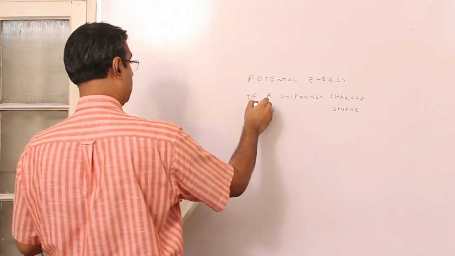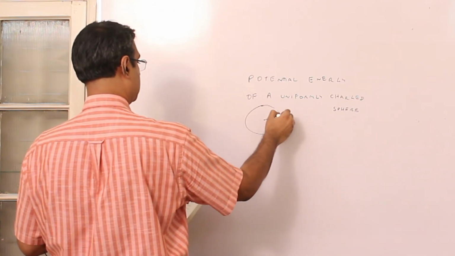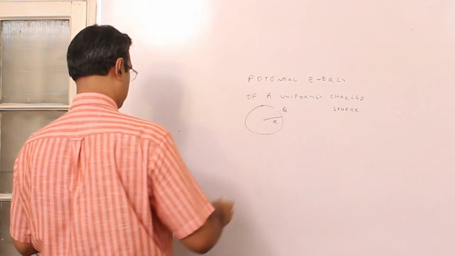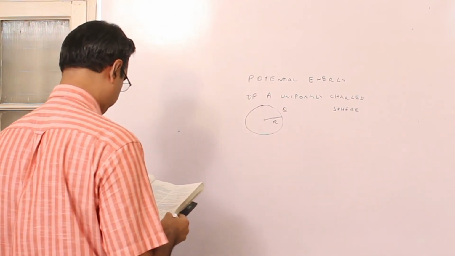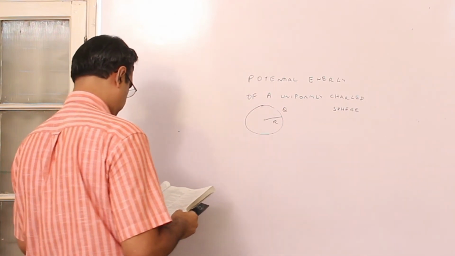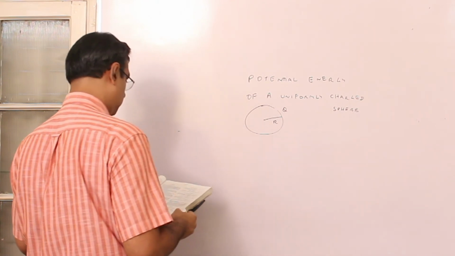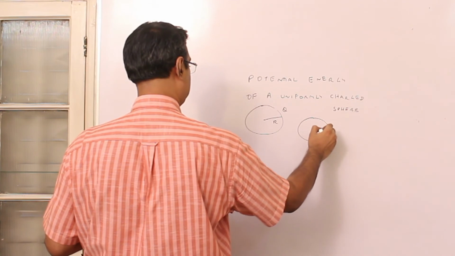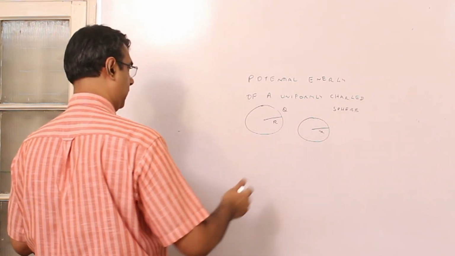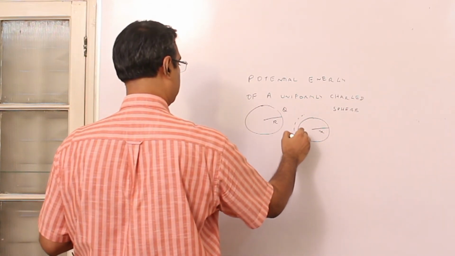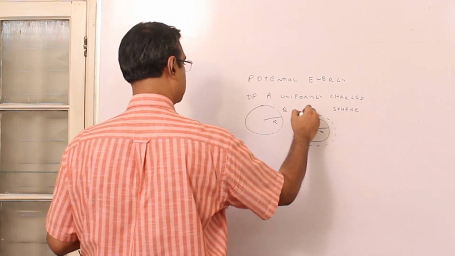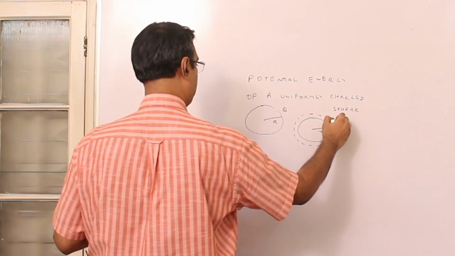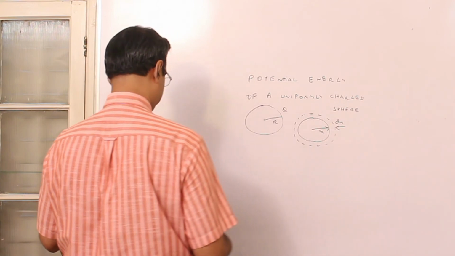Suppose there is a sphere whose radius is r and the total charge inside the sphere is equal to q. Now let us say that we are assembling this sphere and at some point of time the radius is x, and from there onwards the radius has been further increased by dx.